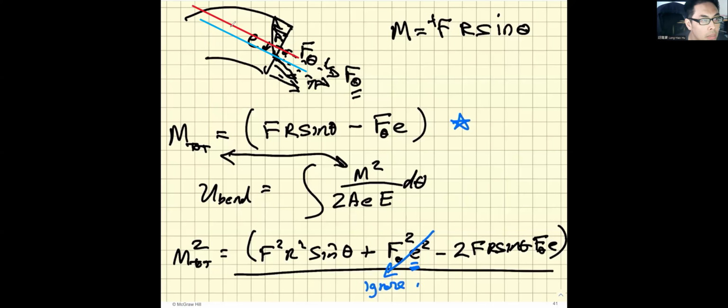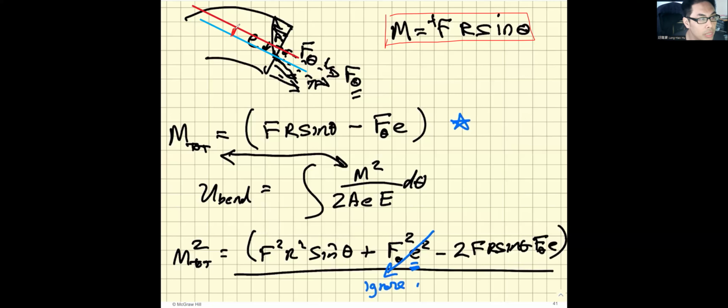Because the neutral axis is not located at the centroid axis. Therefore, there is an eccentricity e between these two axes. Can you imagine that? And the bending moment equals F times R sine theta.